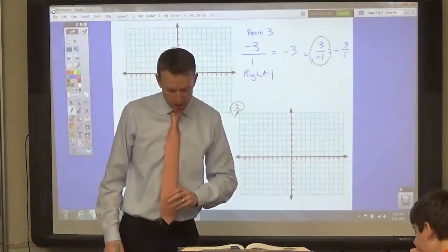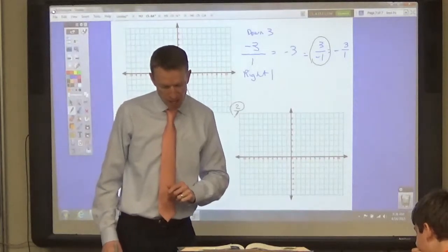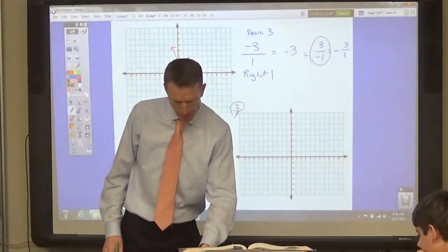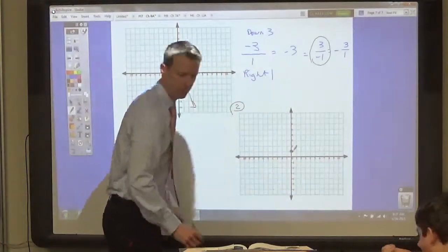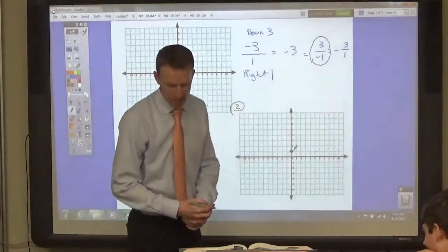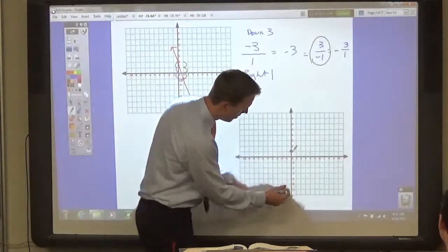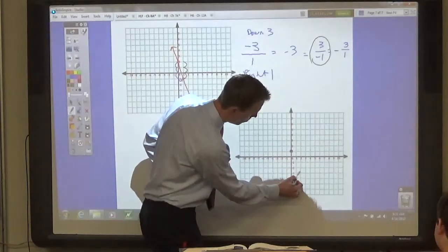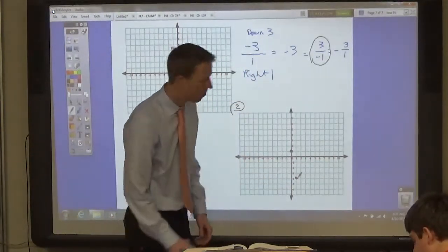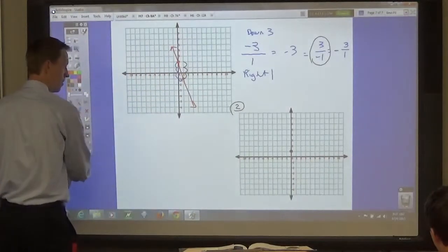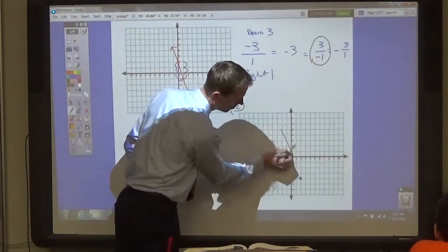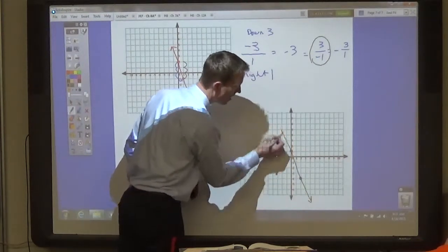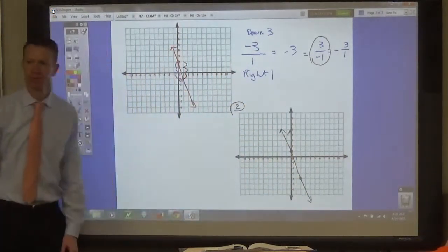In number 2, it crosses at this point and down 4 this point. Right here. Did you find those points where it crosses a corner?